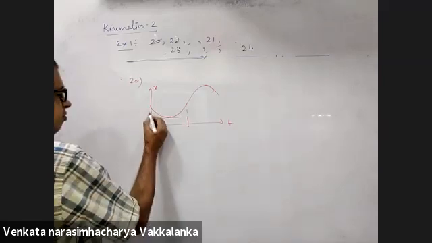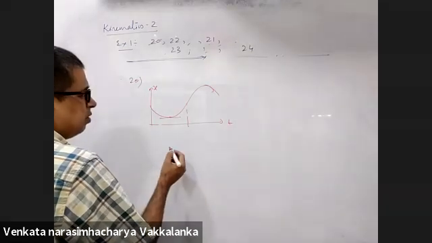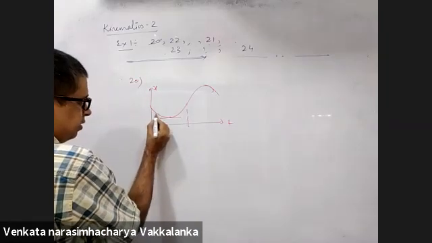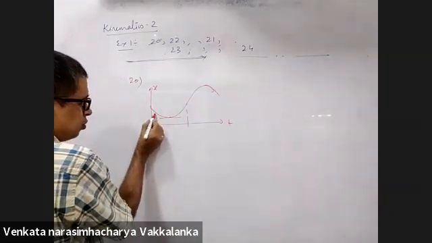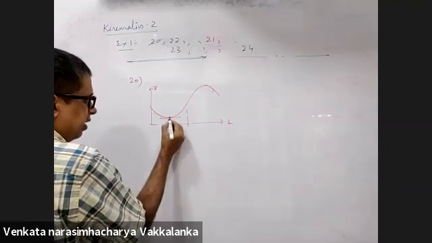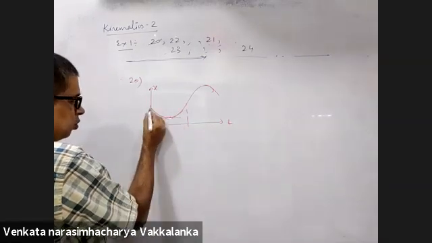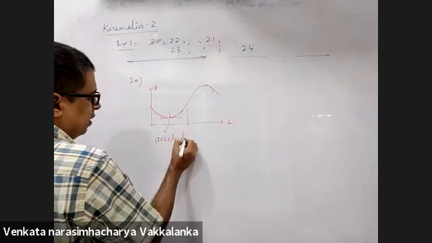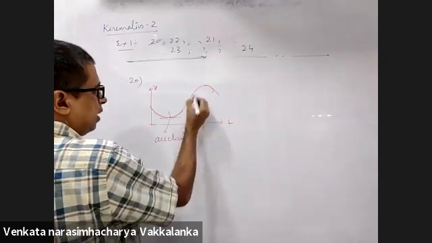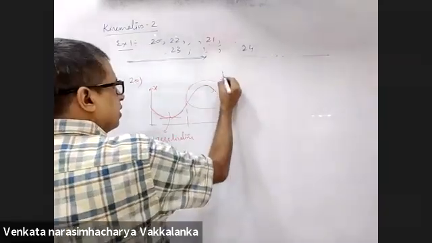In this time frame, do you remember s equal to half a t squared? This is the time in which the slope of the particle goes from negative to 0 to positive. So this part, it is accelerating. This part, it is decelerating.